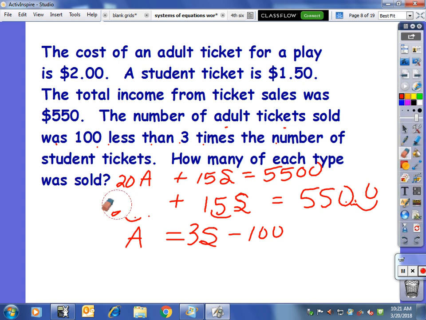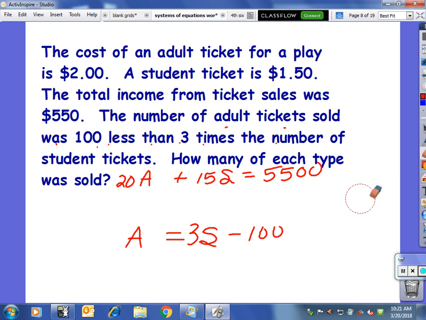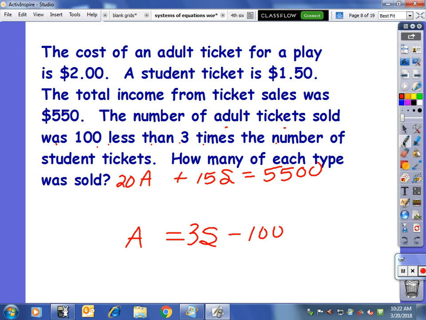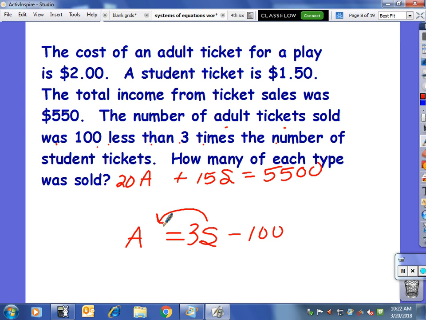Now, you also have to decide if you're going to be an addition person or a substitution person. Either would work pretty easily. I usually do addition, so I would probably move the 3s over here, because addition only works if your adults and your students and everything's lined up. And then make something cancel.